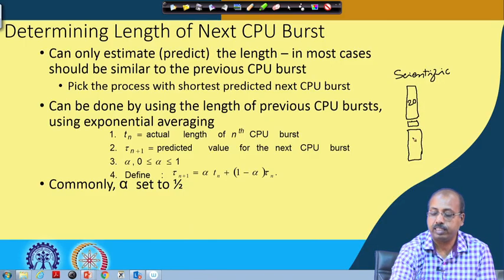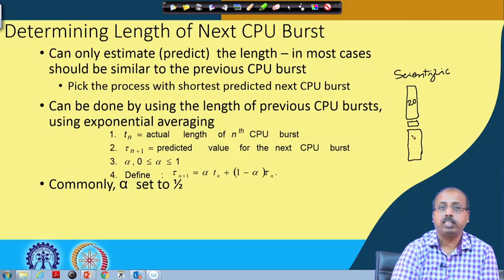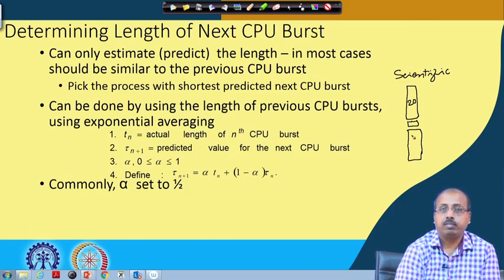So, it cannot be that the next CPU burst is very small, or much larger than the previous CPU burst.